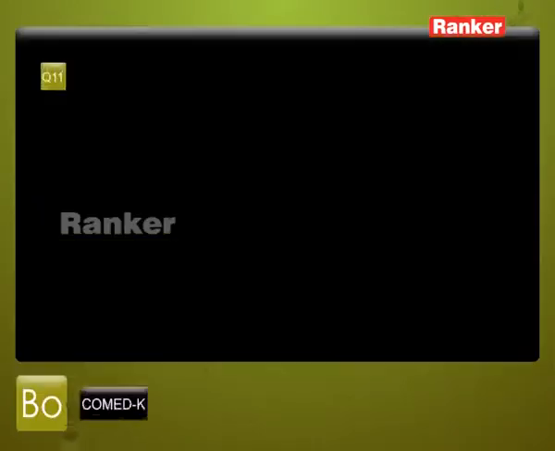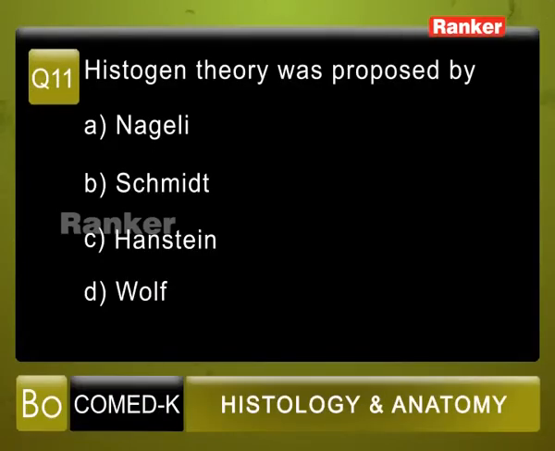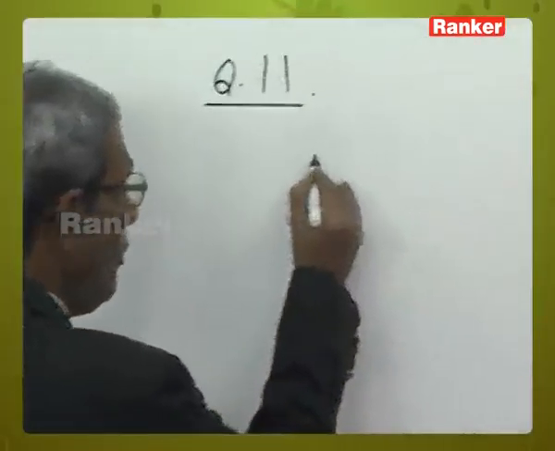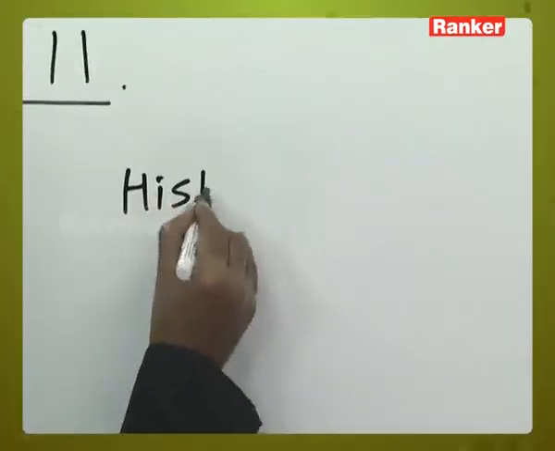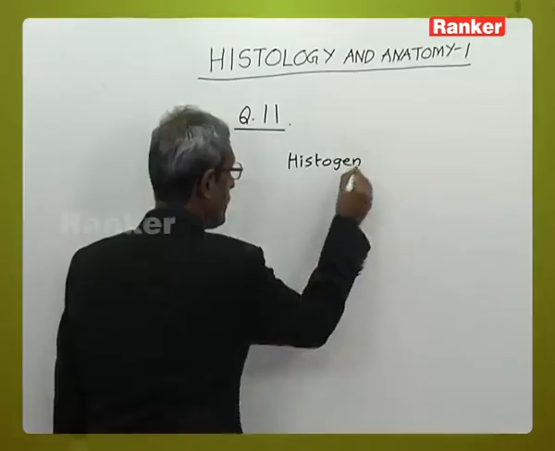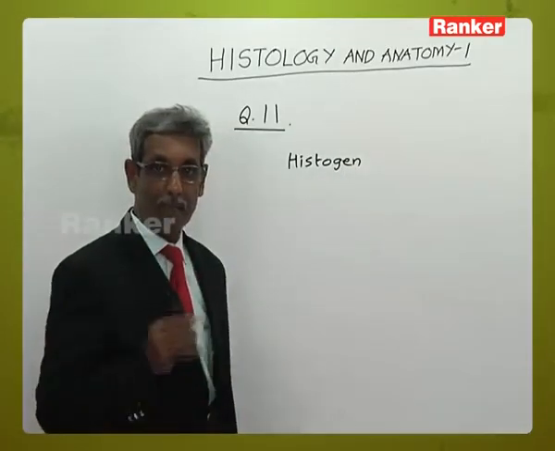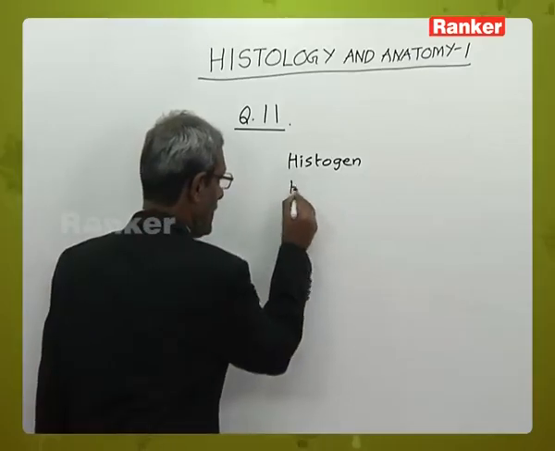Question number 11. Histogen theory was proposed by A. Nageli, B. Schmidt, C. Heinstein, D. Wolf. When you take the histogen theory, the histogen theory has primarily been proposed by Heinstein.